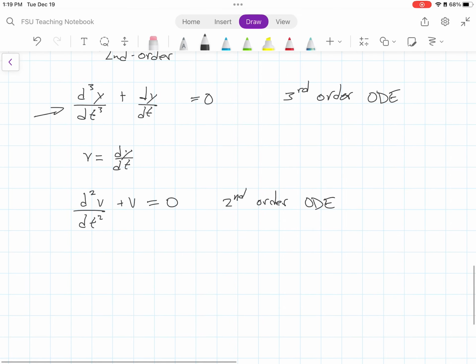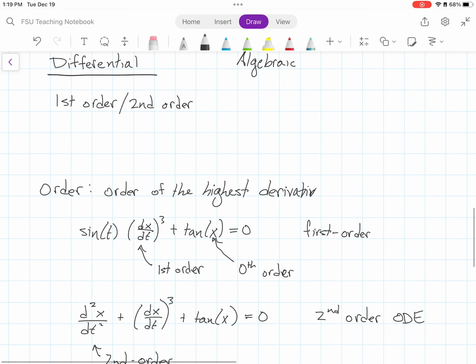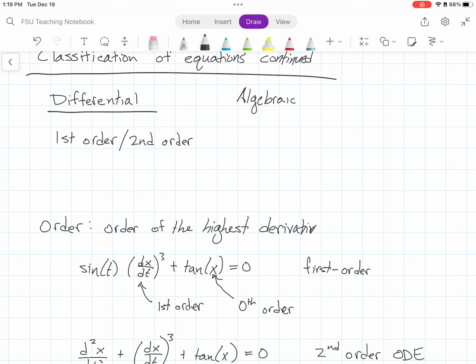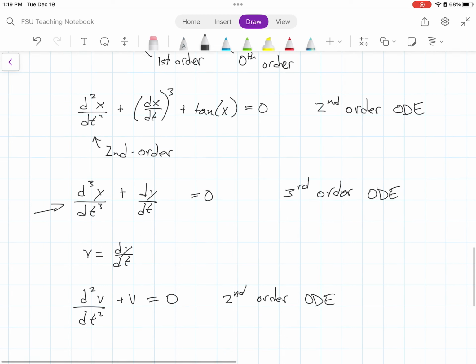Okay. Next, also under differential equations, we have constant or variable coefficients. This is another way to classify this.